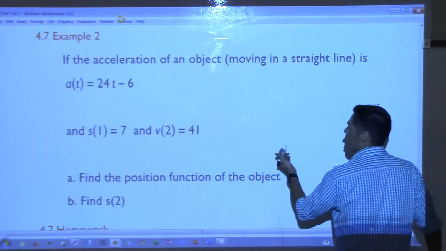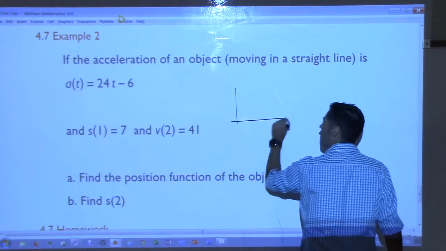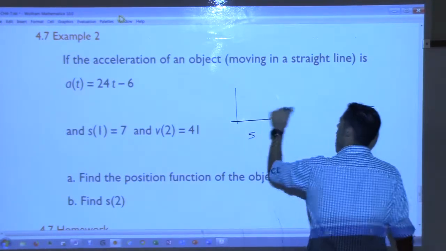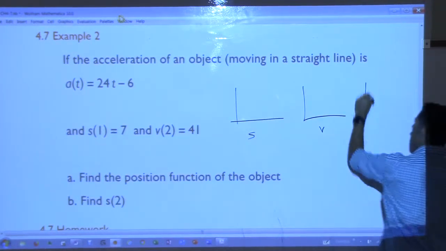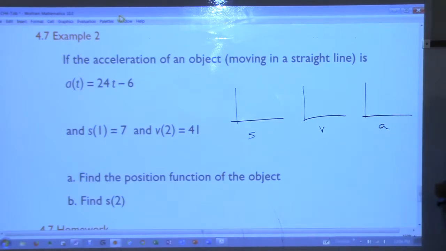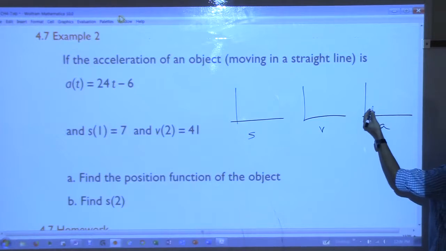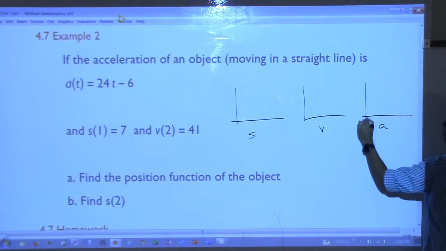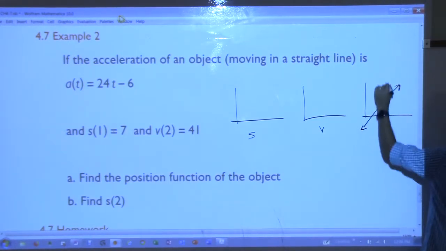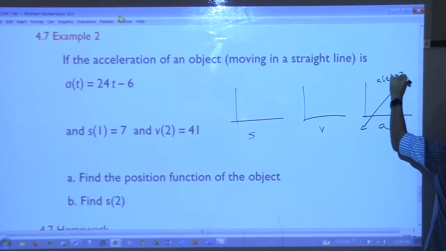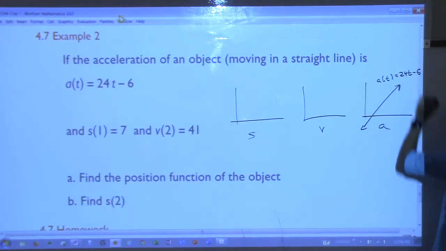So let me try and show this to you visually. We have a position function, a velocity function, and an acceleration function. We know this one. It's a linear function, your a of t equals 24t minus 6.